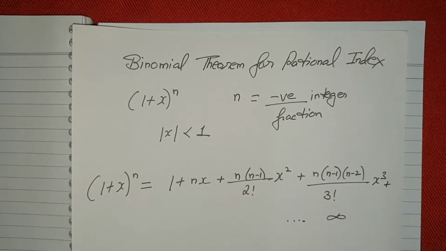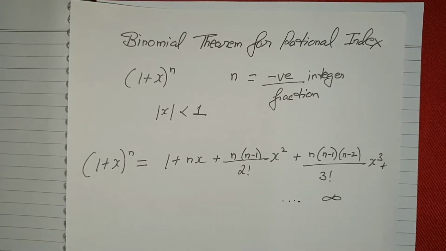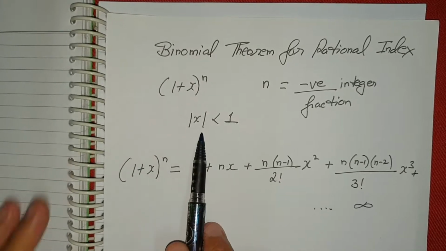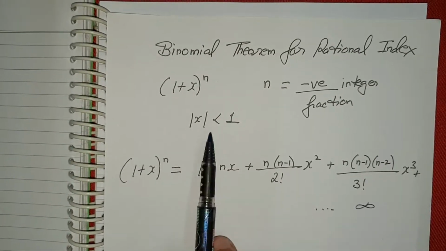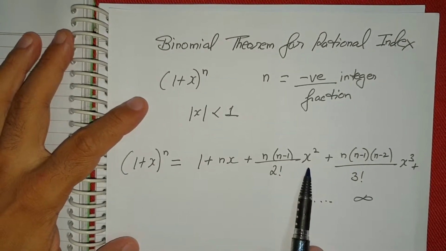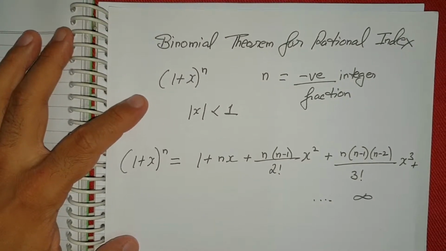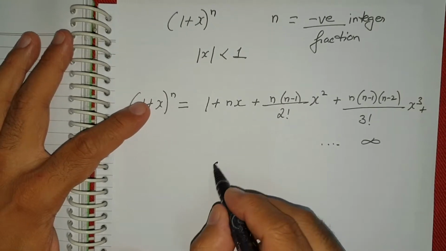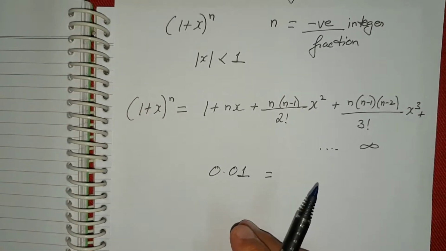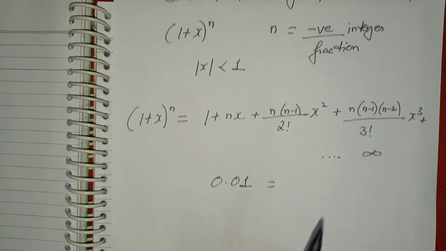Now the point to be noted is that modulus of x is less than 1. So that means this is a number whose value is less than 1. Consider a number like 0.01. Now this is a number which is actually less than 0.1.